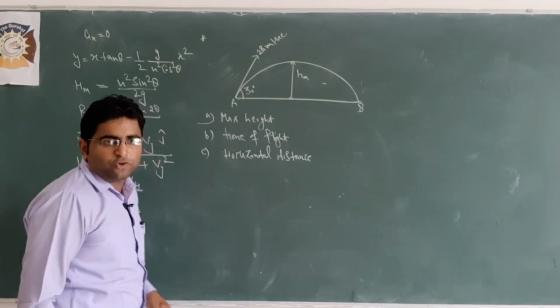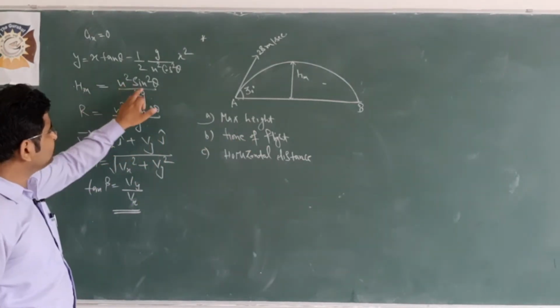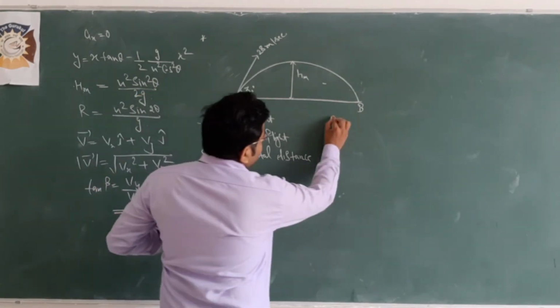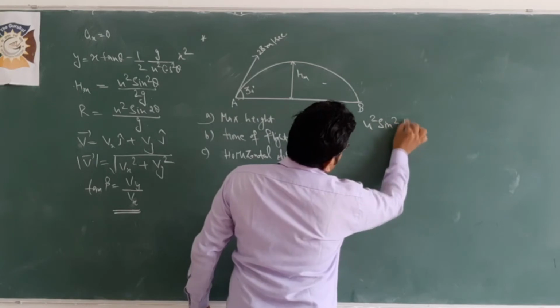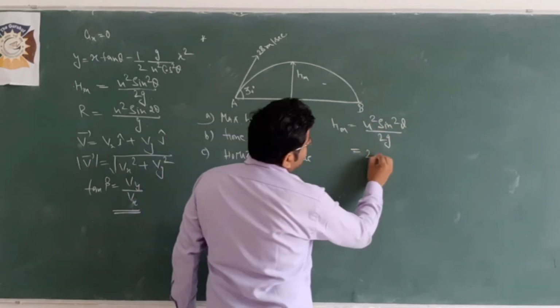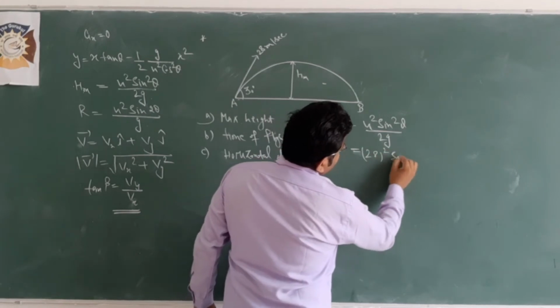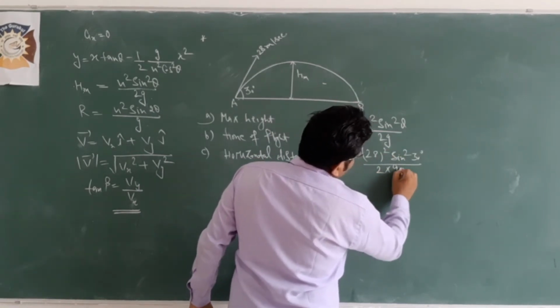Okay beta, first of all maximum height. The expression we have is u square sin square theta upon 2g. So H max equals u square sin square theta upon 2g. The value of u is 28, sin square 30 degree upon 2 into 9.8.